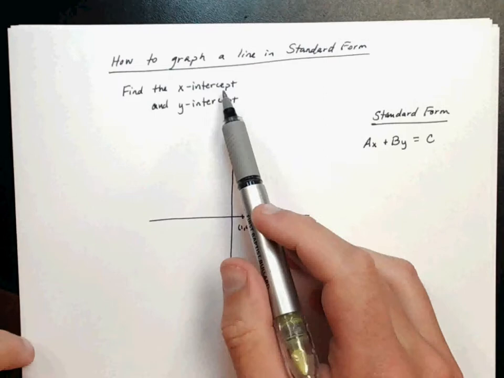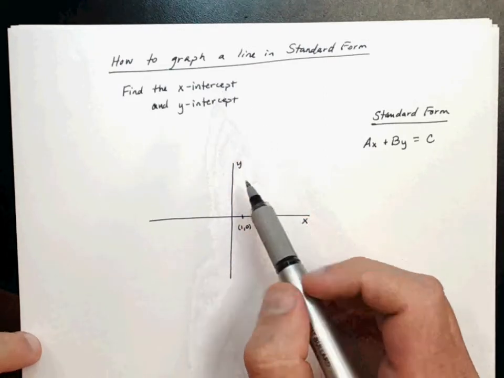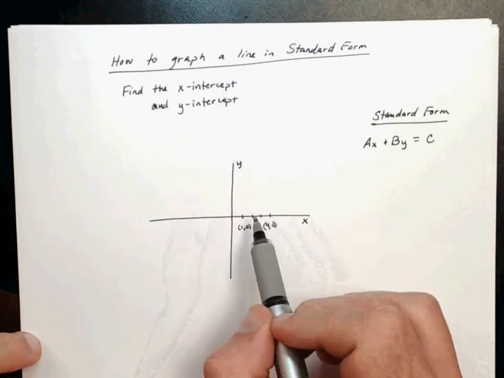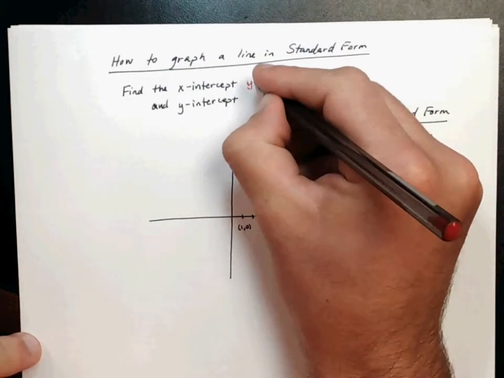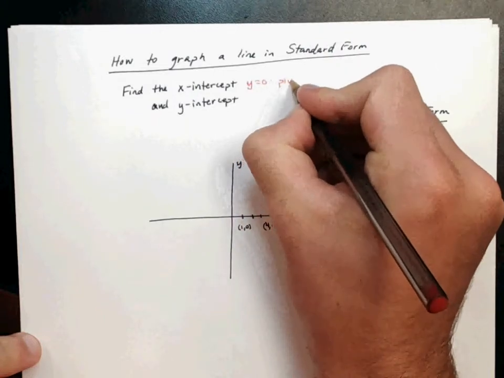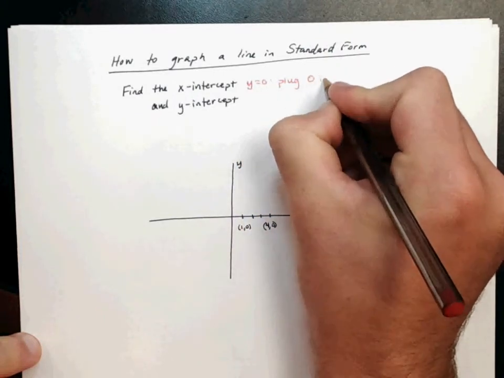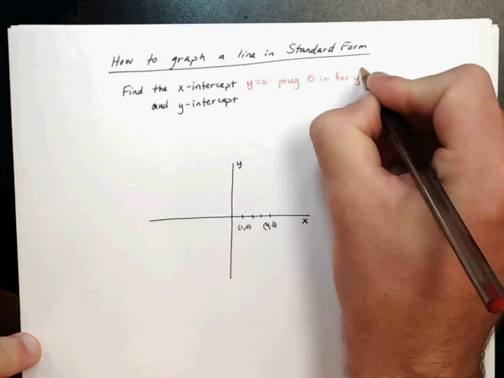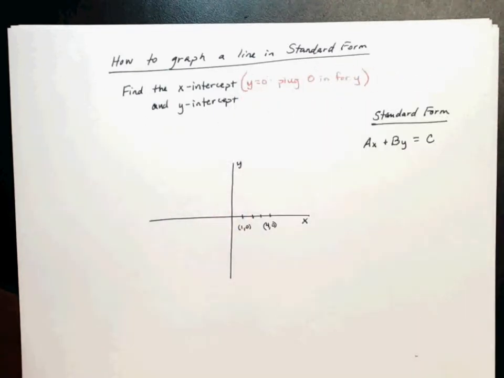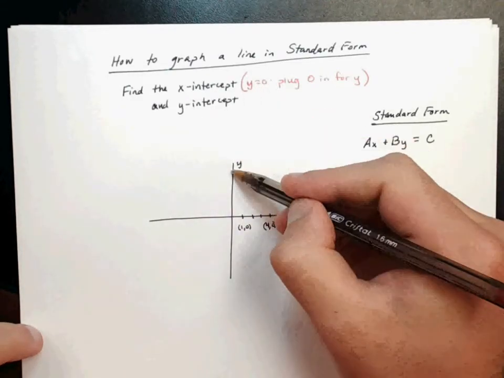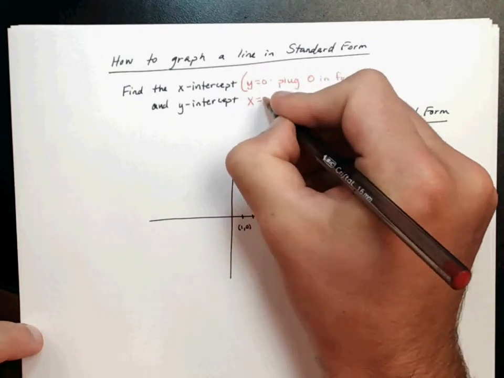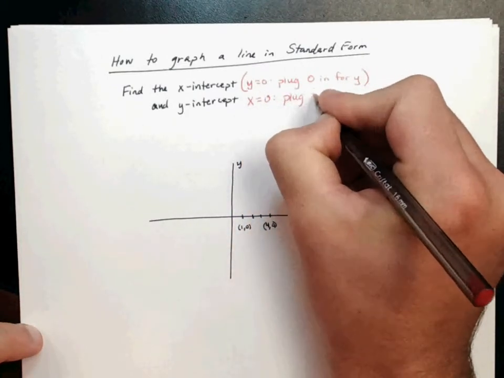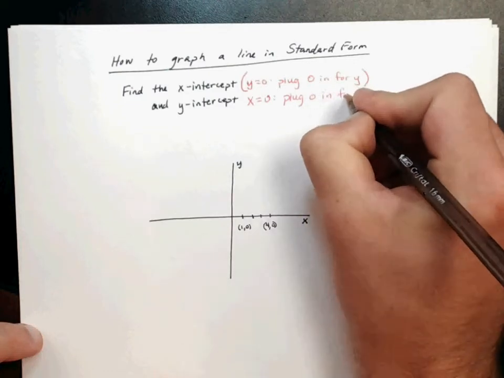So to find the x-intercept, which means where our line crosses the x-axis, we are going to just say y equals 0, or plug 0 in for y. And that will give us the x-intercept. And for the y-intercept on our y-axis, x equals 0. So we're going to plug 0 in for x.